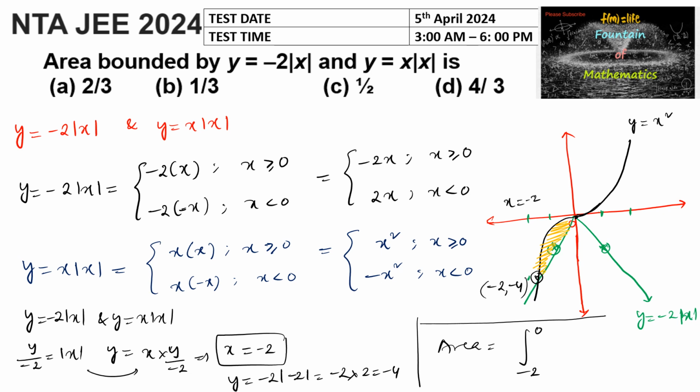The upper curve, in the negative case whenever x is negative, can be taken as negative x square, minus the lower curve, which when x is less than 0 is 2x, dx.